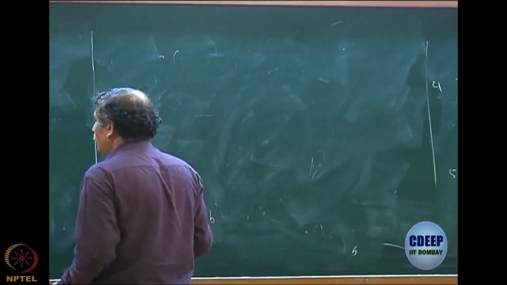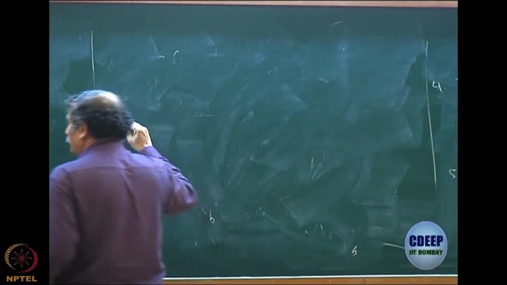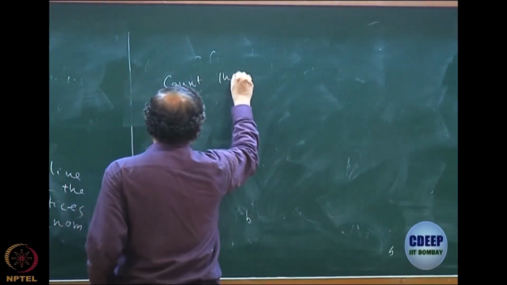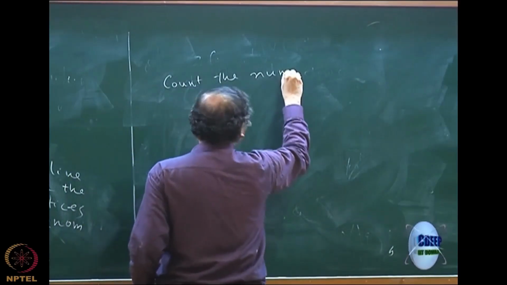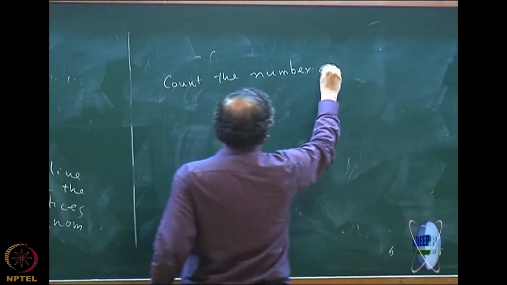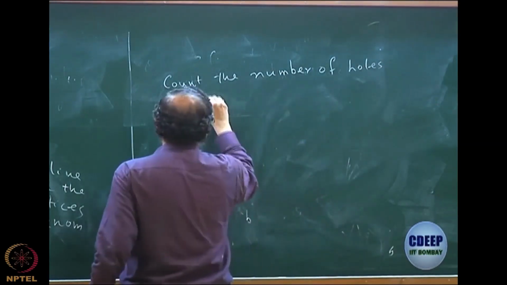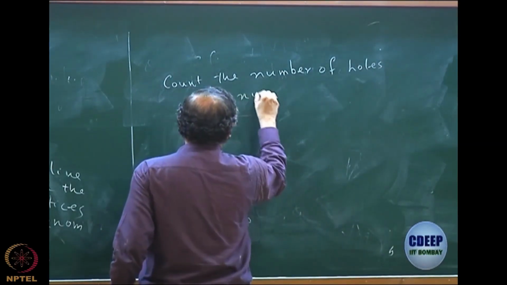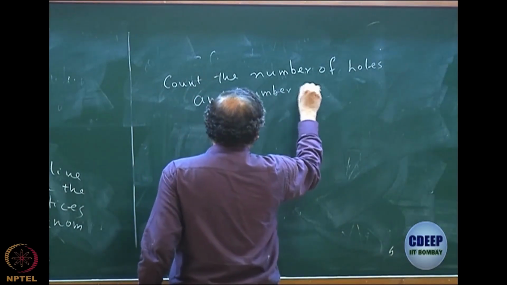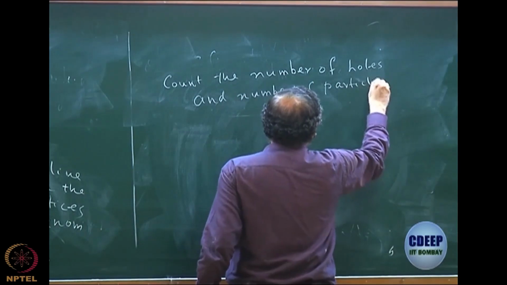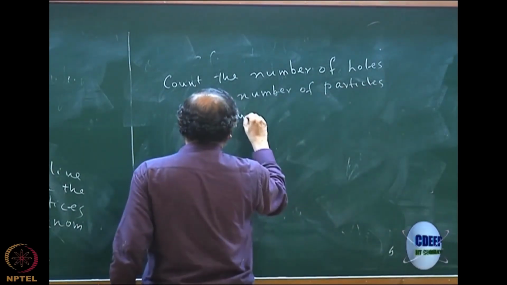The next rule is that you count the number of holes. Please write down the rule numbers and all that, I have lost it, but count the number of holes and the number of particles which are summed up. So these are called internal lines.